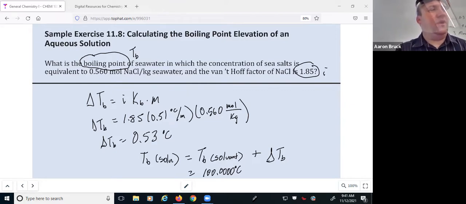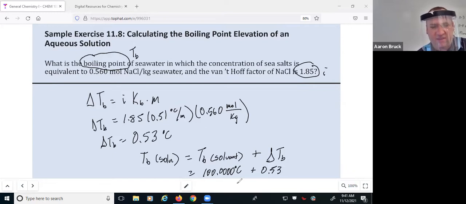The boiling point of water is defined at 100 degrees Celsius according to the thermometer. That's how the thermometer was made. So from that standpoint, we don't have to worry about significant figures. We can just add these two together. It's 100.53 degrees Celsius. So that is the boiling point of the solution.